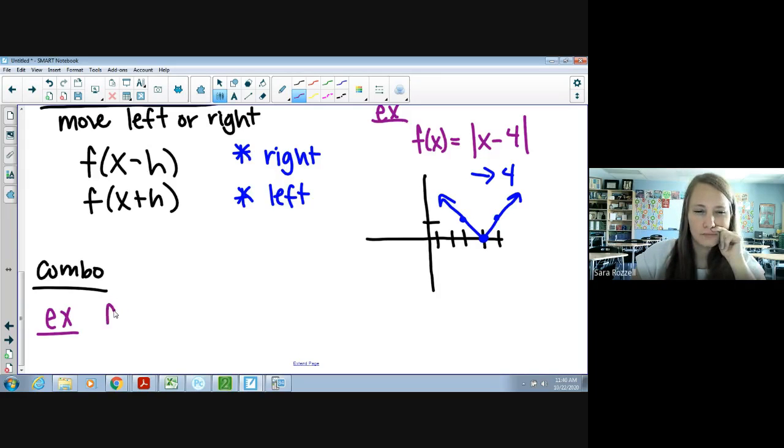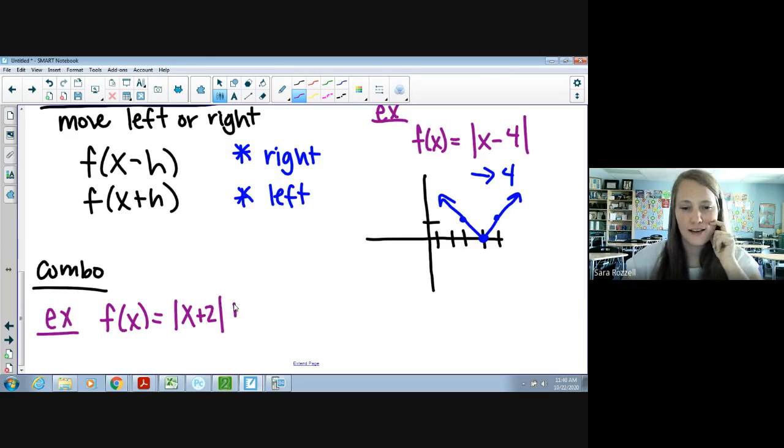And then we'll check it. We'll do another absolute value one because I like these graphs better. So absolute value of x plus 2 and then plus 3. So go ahead, write down what your transformations are and see if you can figure out how to sketch that.